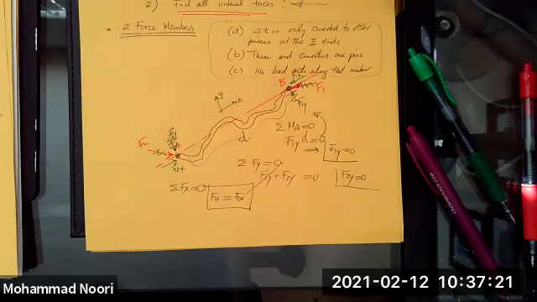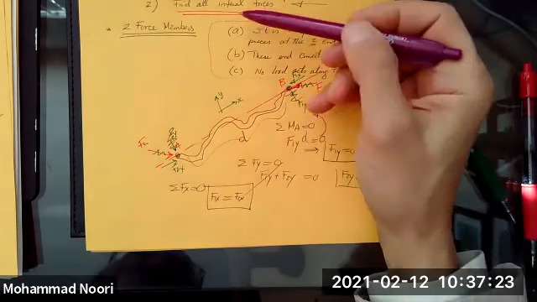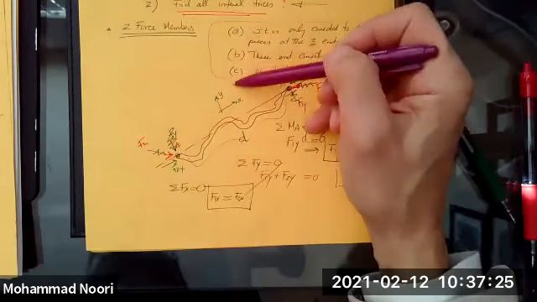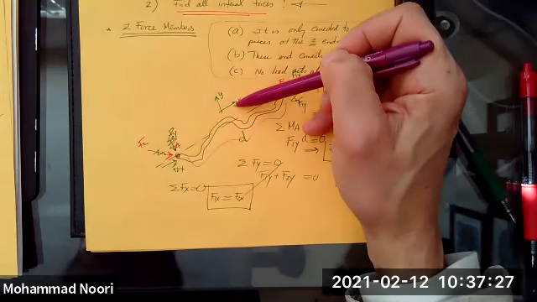And what did I do? I proved if you have a member that satisfies these conditions, what happens?